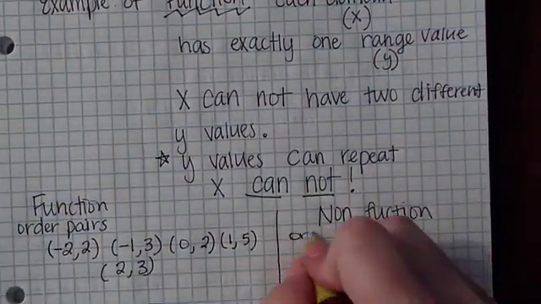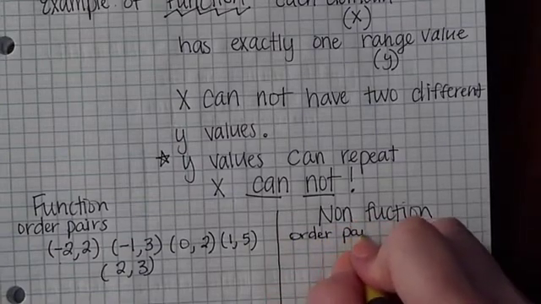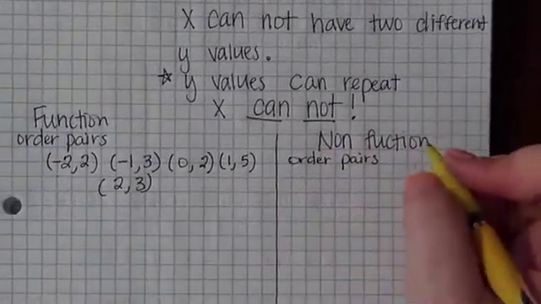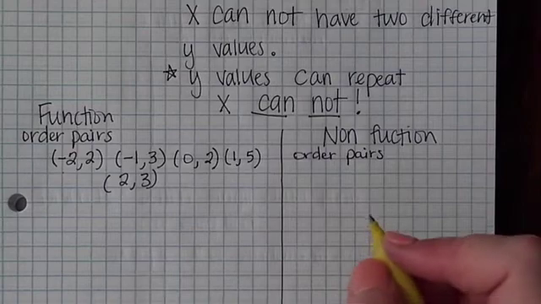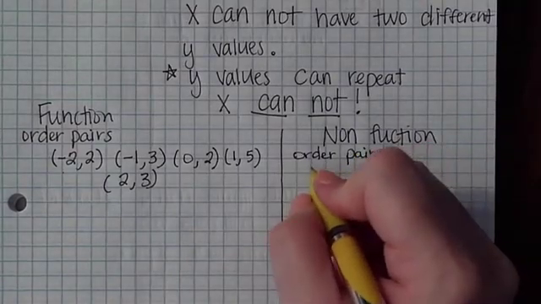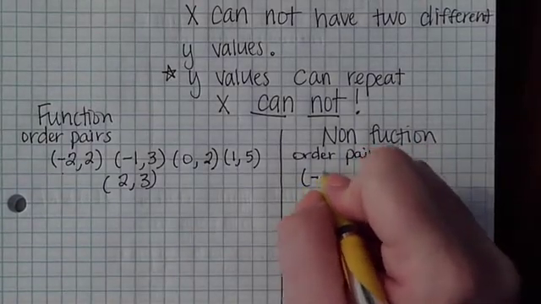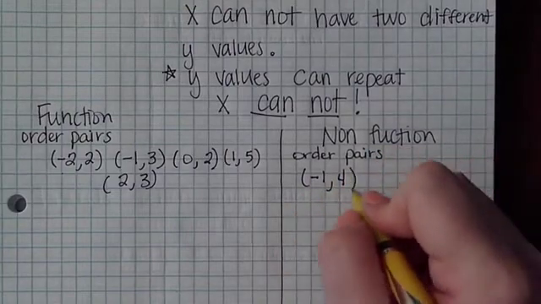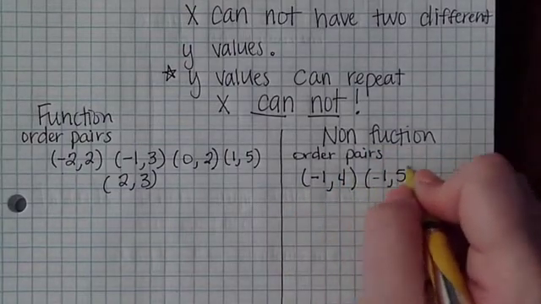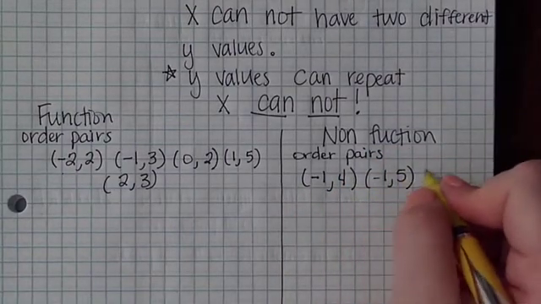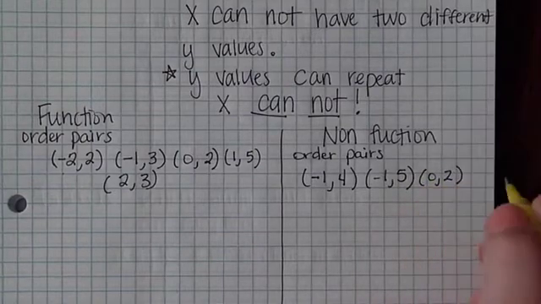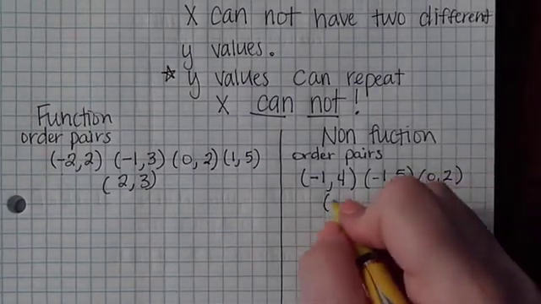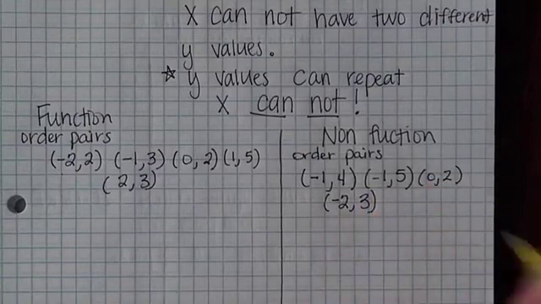So again, ordered pairs. Okay, there we go, my air conditioner turned off. Then the non-example I could use is -1, 4, -1, 5, 0, 2, -2, 3.